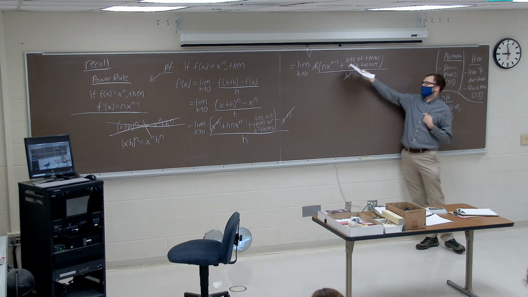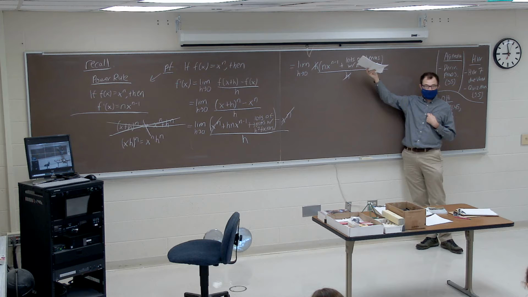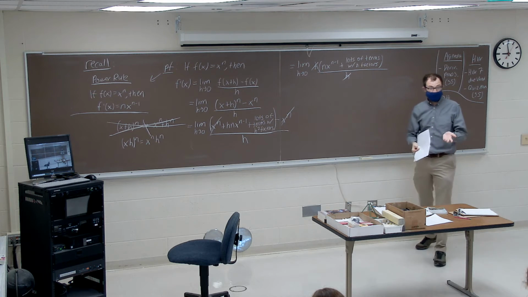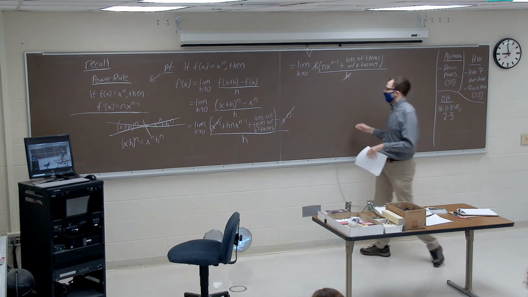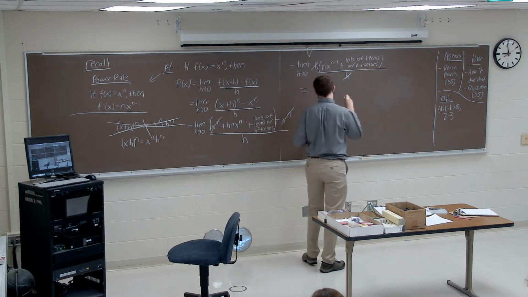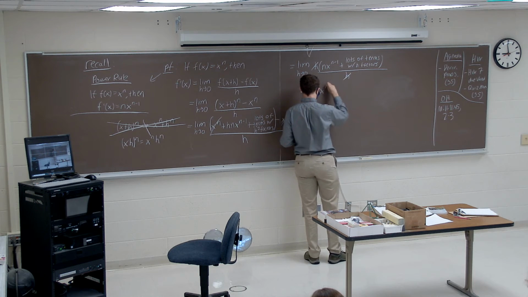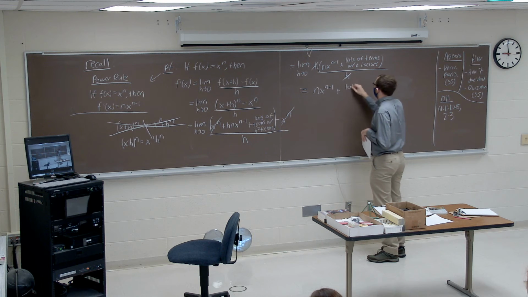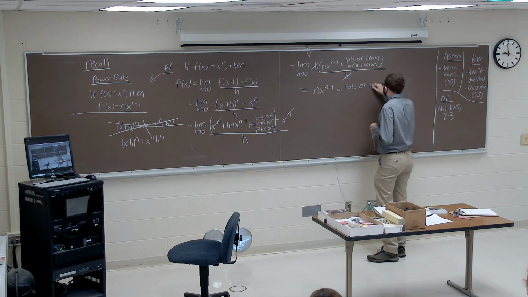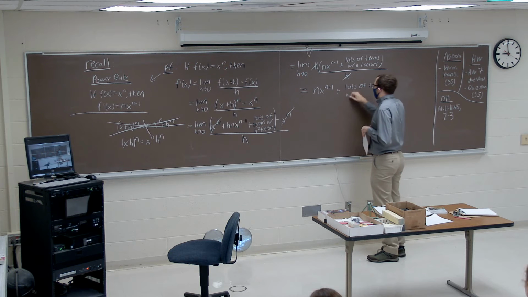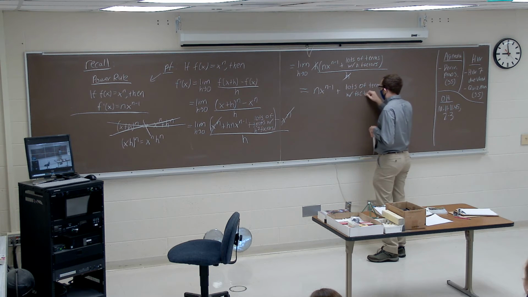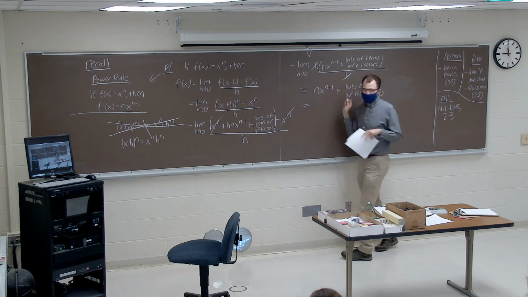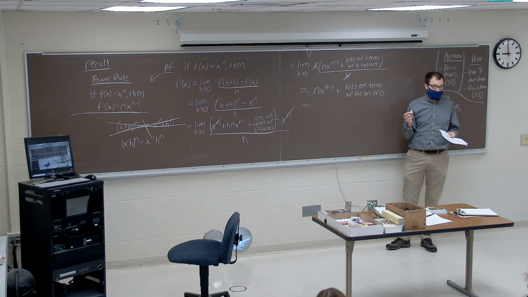So as h goes to 0, all of these terms are going to go to 0, so the nx to the n minus 1 is going to be all that's left? I like it. Yeah, because as h goes to 0, it's going to give us nx to the n minus 1 plus lots of terms with factors of 0 now. And then, of course, if you have a factor of 0, 0 times anything will give you 0.